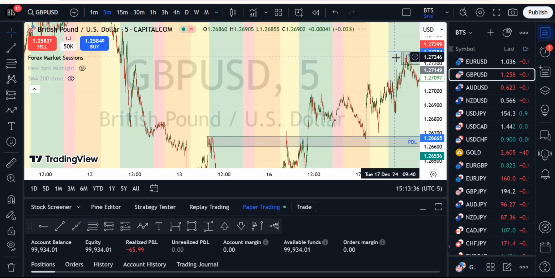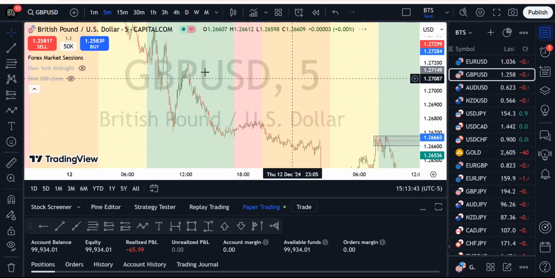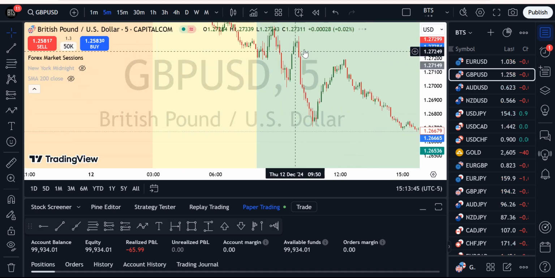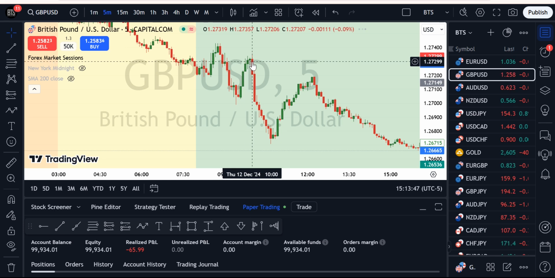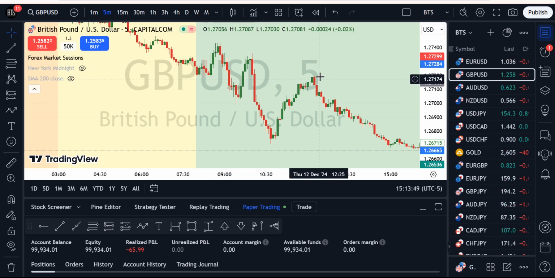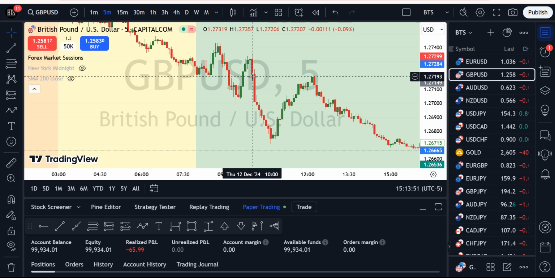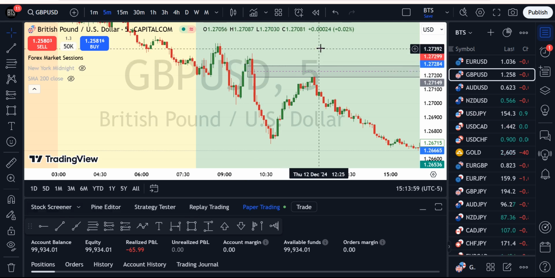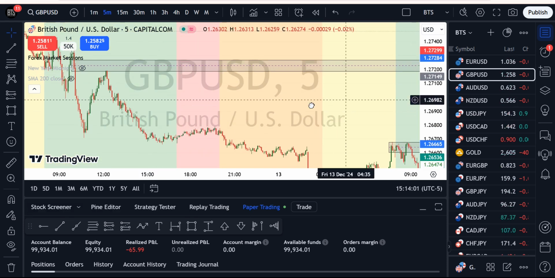Now you ask me, how did I pick my demand zone right around here? If you look closely, we have this high, we have this displacement, we have this candle. So right here we have an imbalance, a fair value gap there, right?